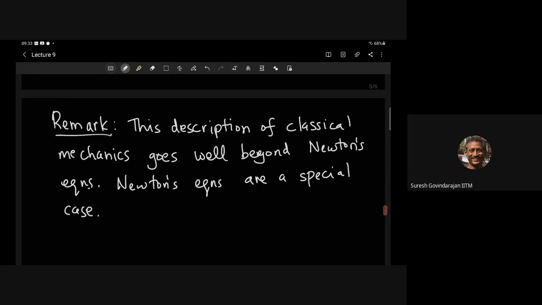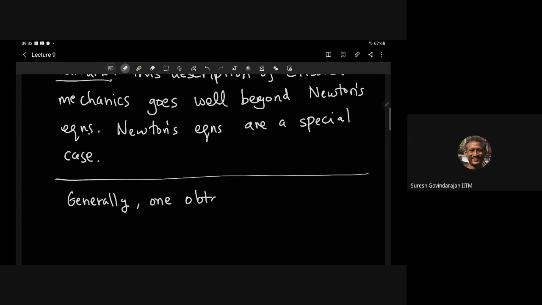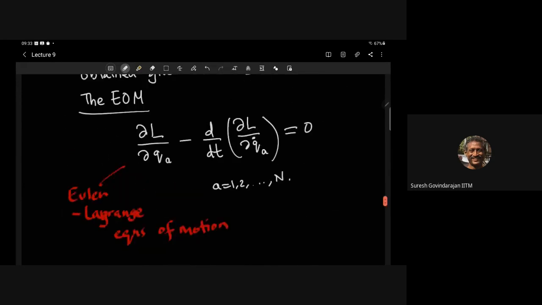Okay, so there are some nice things which come. Generally one obtains an equation of motion that has second derivatives. Why is that? It's easy to see.